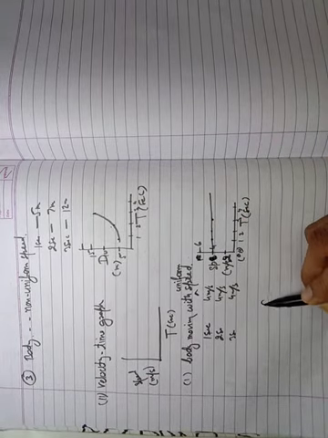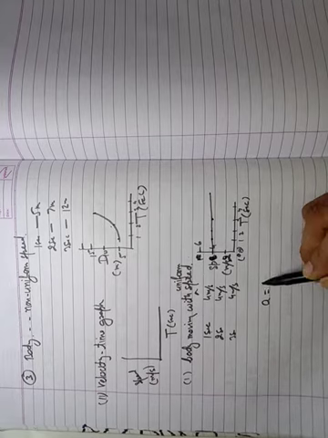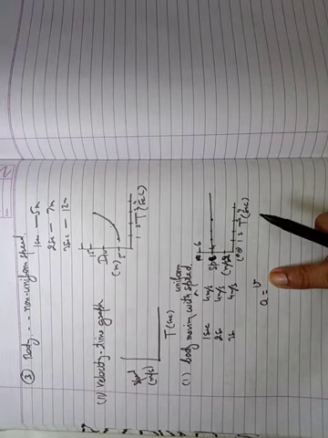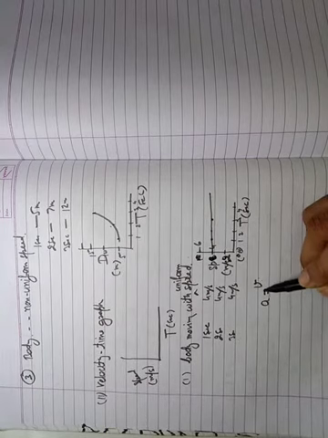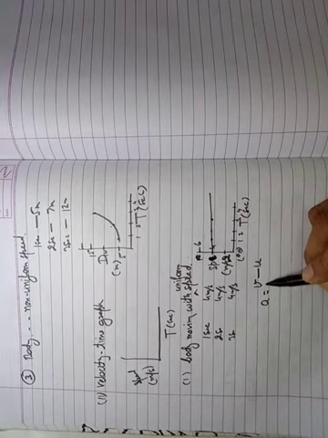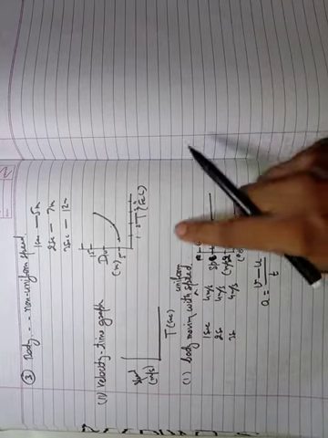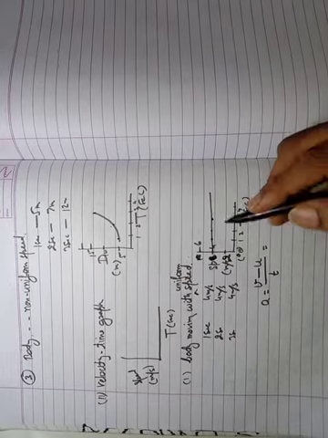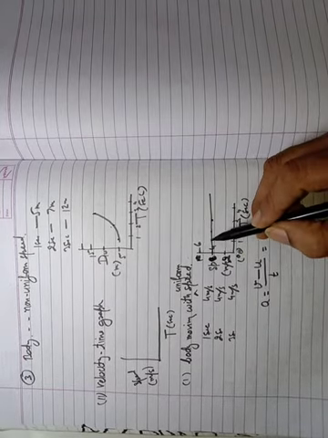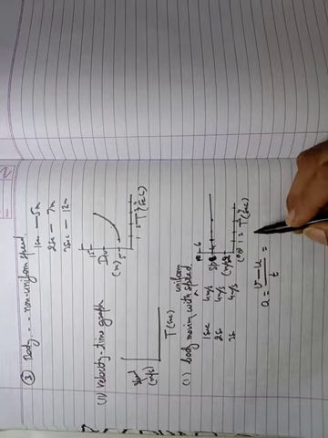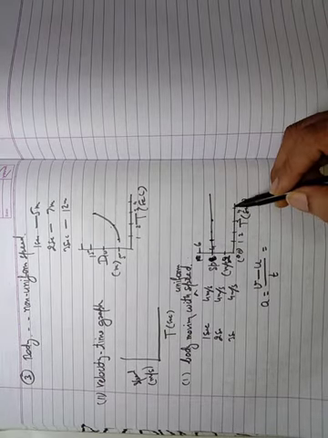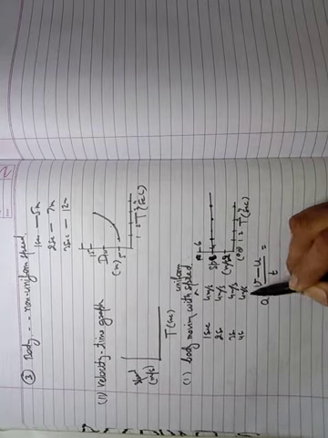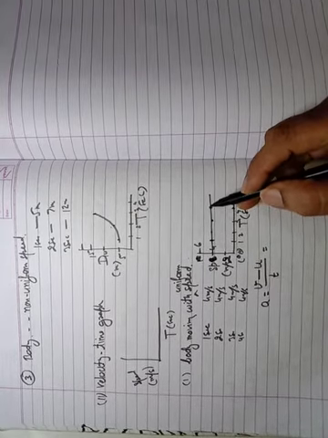If you want to find the acceleration of a body, you should know the final velocity. I have already explained what acceleration is and its formula: acceleration is equal to final velocity minus initial velocity, divided by the time. By using this graph, how can we find the acceleration? At 1 second its velocity is 4 meter per second, and at the end of 4 seconds its velocity is again 4 meter per second.